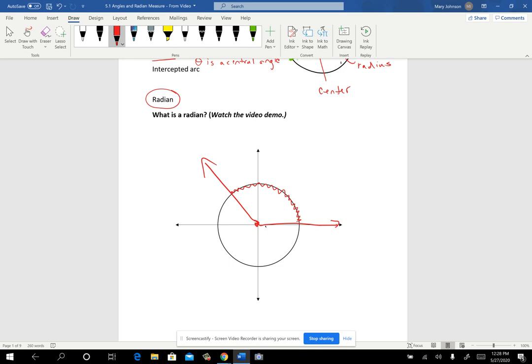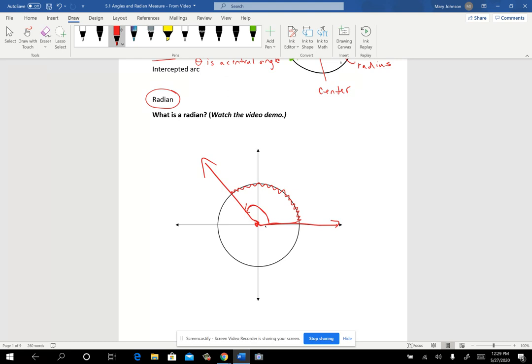The way to think about a radian versus a degree is that radians is kind of having you look at how long the arc was relative to the radius of the circle, where the degree is looking at what this rotation was, how many degrees you rotated the terminal side through. But they're both ways to indicate the size of an angle, okay?